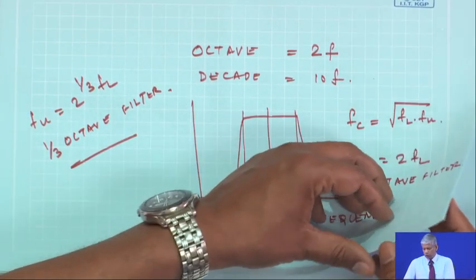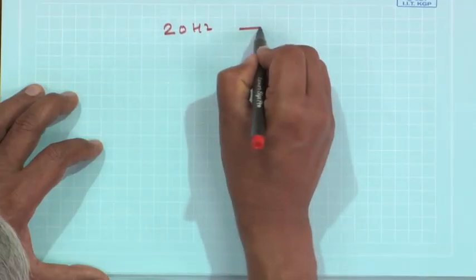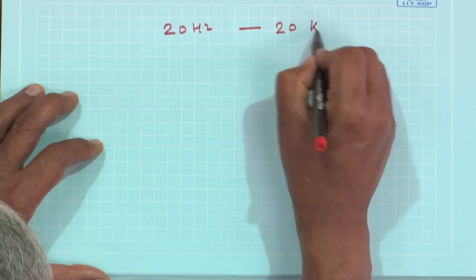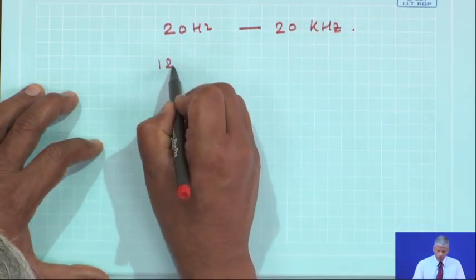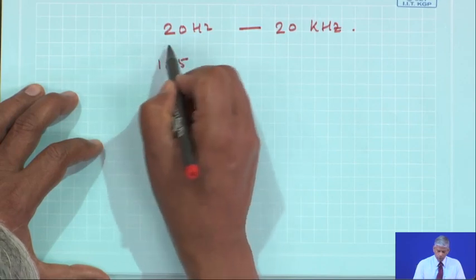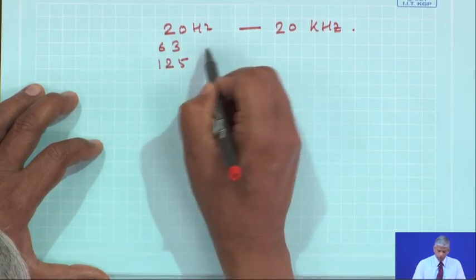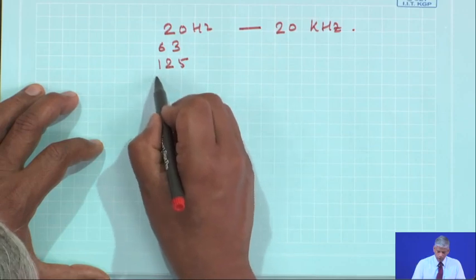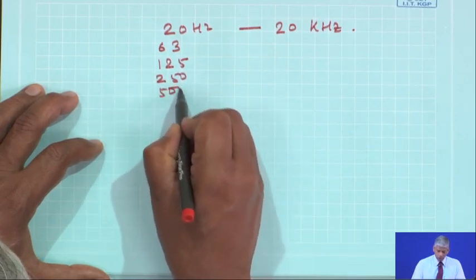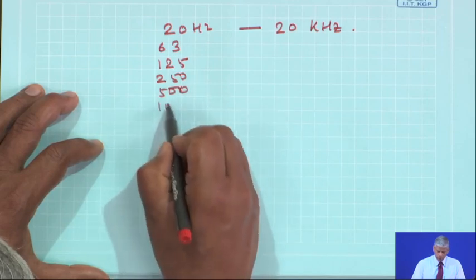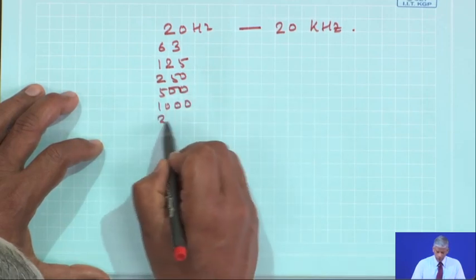Grossly speaking, I have this audio band from 20 hertz to 20 kilohertz. If the first frequency is 125 hertz, or maybe 63 hertz, then 250 is the next octave band, 500 is the next octave band, then 1000, 2000, 4000, 8000, 16,000, because they are all doubling.